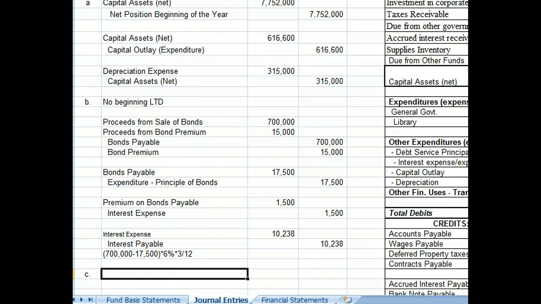It gave you some information on that in the book. So we're going to make an entry for deferred property taxes.